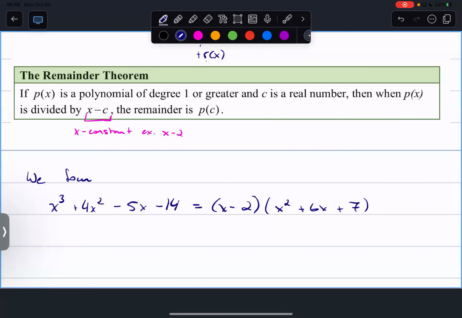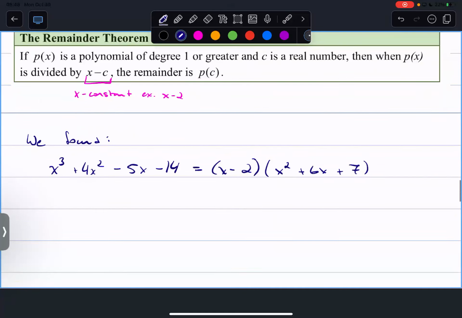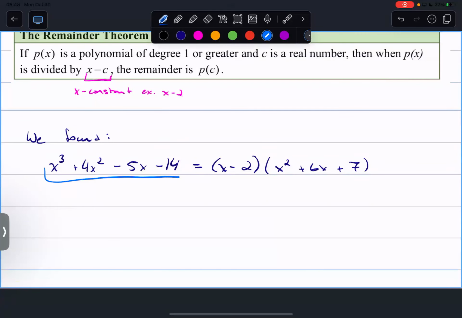We found that this p of x, just to match the terms with what we're saying up above, if we divide it by x minus 2, which is x minus c, then c is equal to 2.